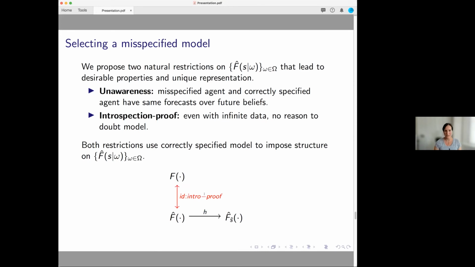This is the unconditional signal distribution. And introspection proof tells us that the actual unconditional signal distribution is equal to the subjective signal distribution. So agents are not seeing anything that's inconsistent with their model when they look back at past data to think about whether their model makes sense.